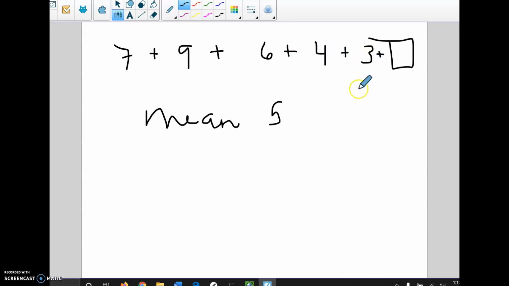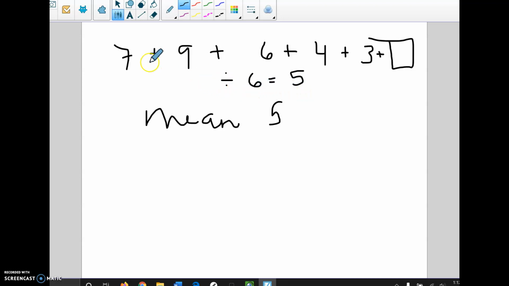And then I press equals, and when I get my answer, I divide. I'll divide by 1, 2, 3, 4, 5, 6, because I have 6 numbers, and that would give me an answer of 5, a mean of 5. If I want to go backwards and find this mystery number, I'm going to rewind this equation and do the inverse.